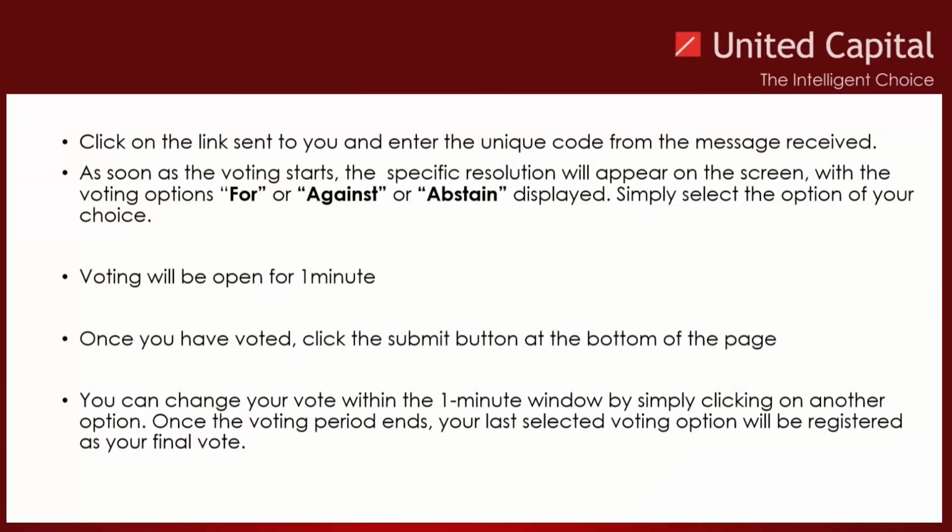Simply select the option of your choice and click send. Voting will be open for just 1 minute. Once you have voted, click the submit button at the bottom of the page. You can change your vote within the 1 minute window by simply clicking on another option. Once the voting period ends, your last selected voting option will be registered as your final vote.